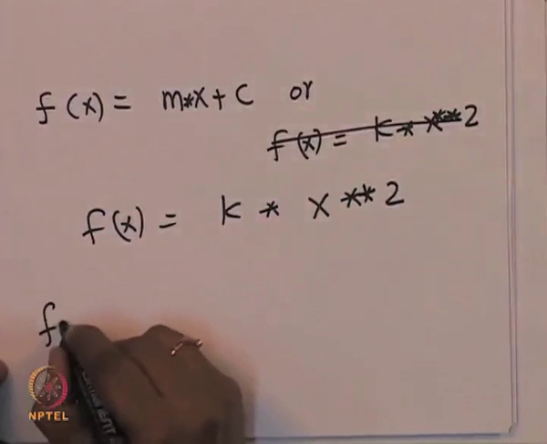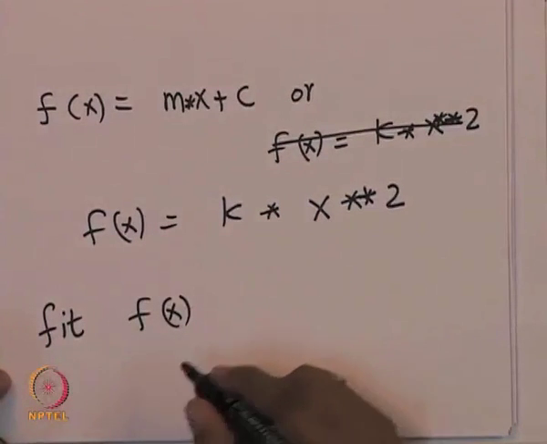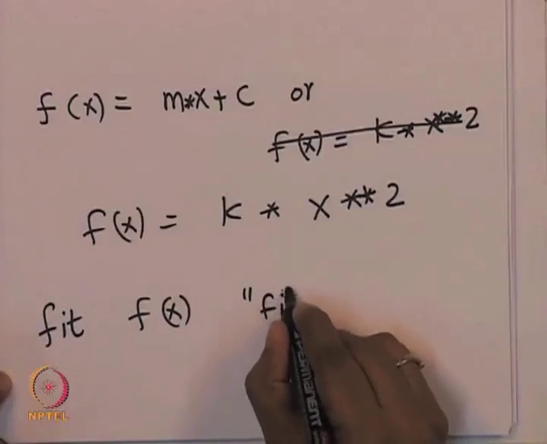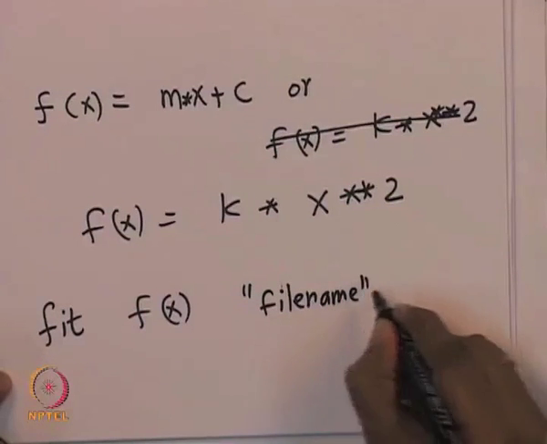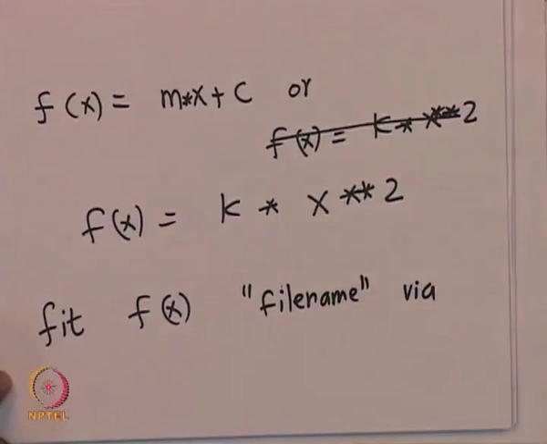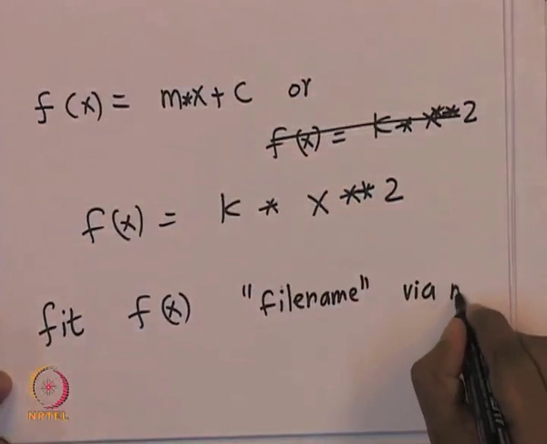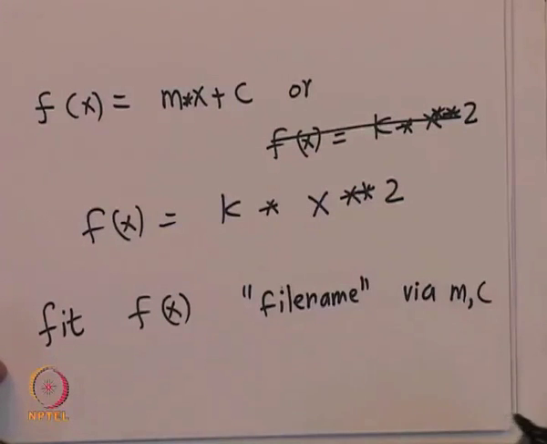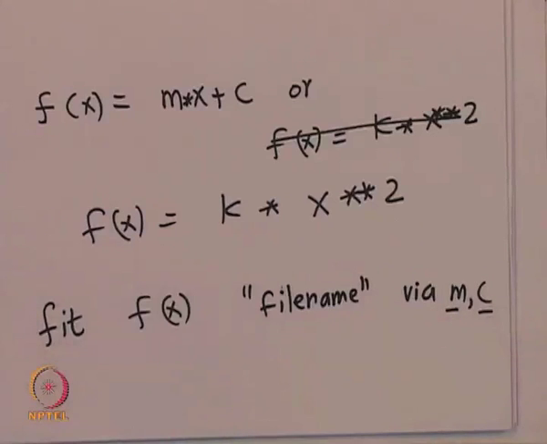Then you say fit f of x, then the file name, via the parameters. Here the parameters in this case are m and c, so you can say m comma c. If you have more parameters, you can say m comma c comma something else. Then you press enter, and you get the final parameters. GNU plot will calculate these parameters m and c.